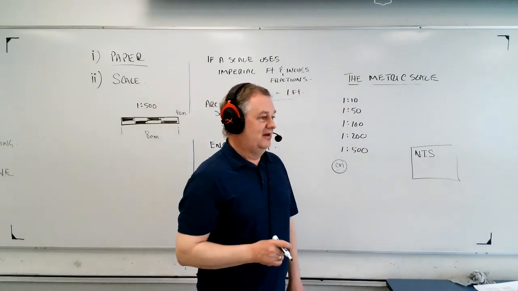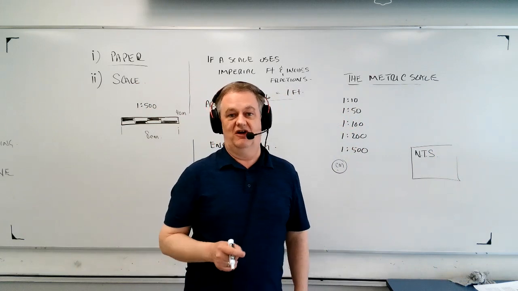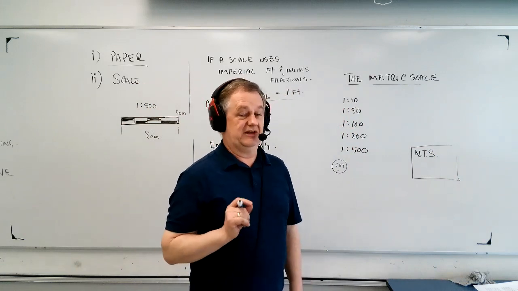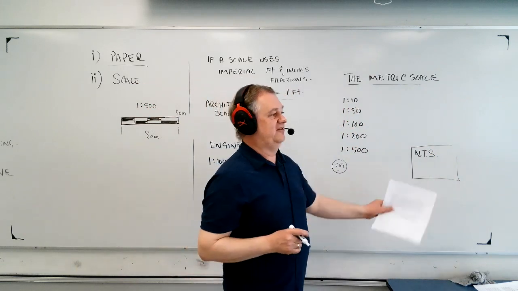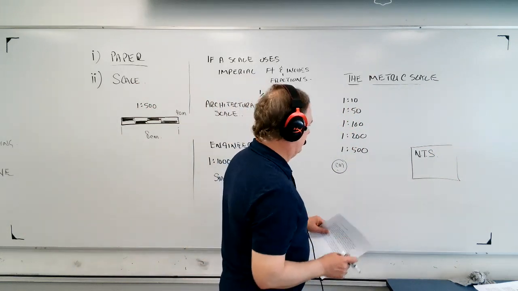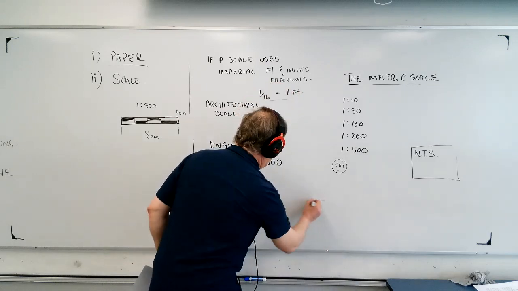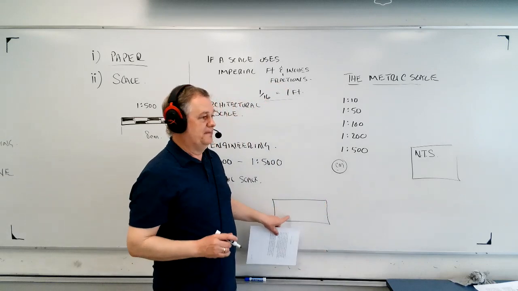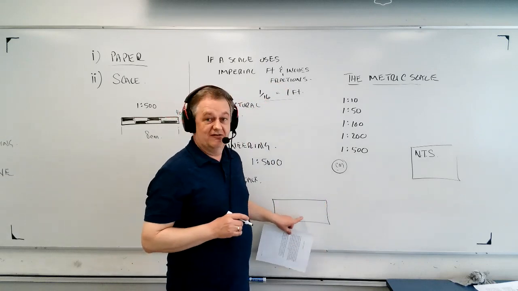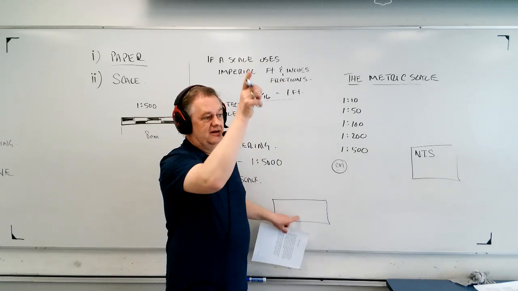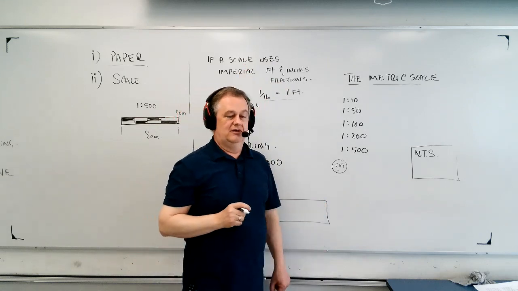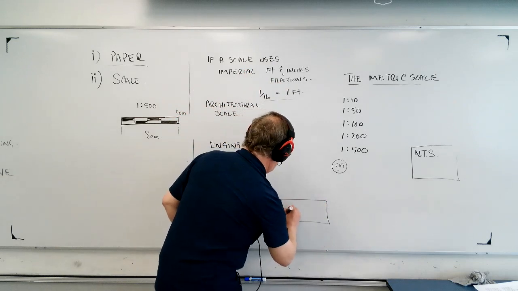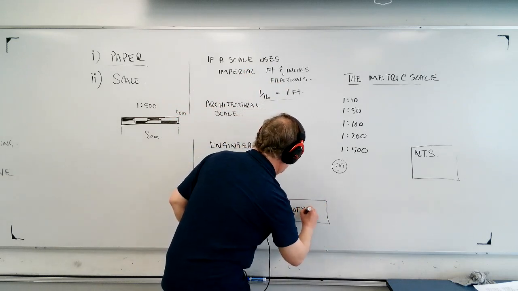Don't make any important decisions based on the drawing that's shown right here, because it's not to scale. Okay, so you'll see NTS, and sometimes they'll go a little bit further and put a note, which will usually appear on the cover page, sometimes in the text box area, and it says, do not scale.